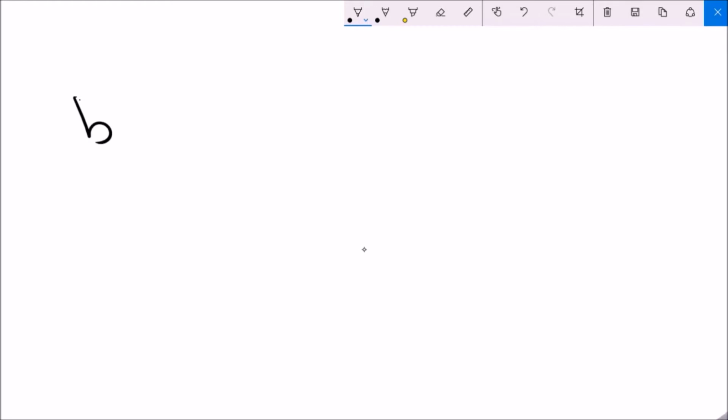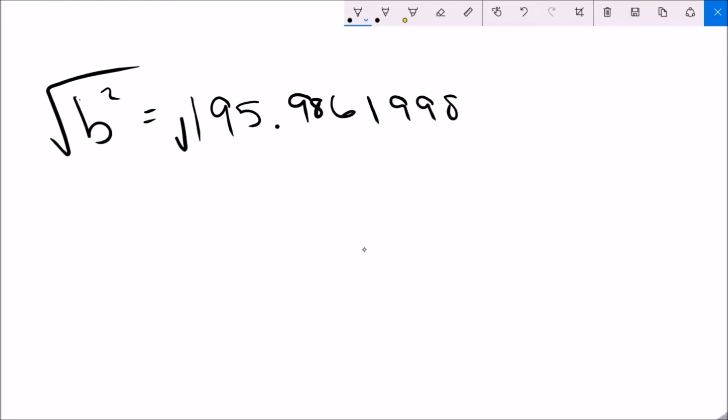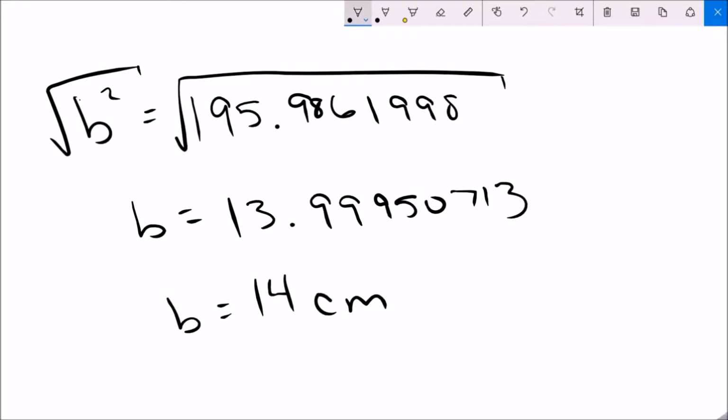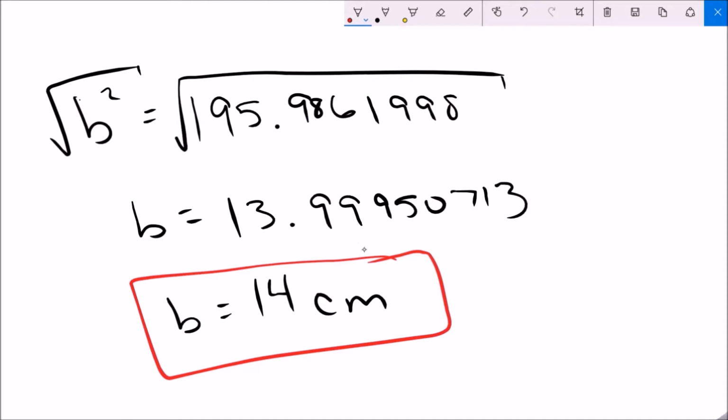This simplifies into b squared is equal to 195.9861998, and we can take the square root of both sides to find side b, which ends up being 14 centimeters.